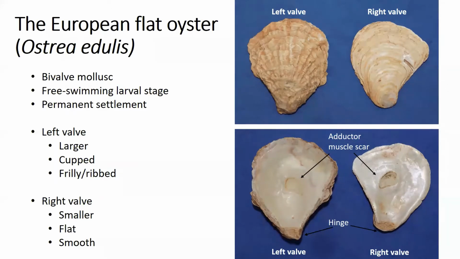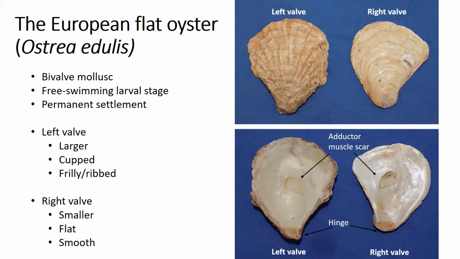So to begin with, when I'm talking about oysters, I'm specifically referring to the European flat oyster, scientific name Ostrea edulis, which is the UK's native oyster that's been around throughout history and prehistory, and it's only recently that it's fallen into a sharp decline and been almost replaced by imported oysters from elsewhere.